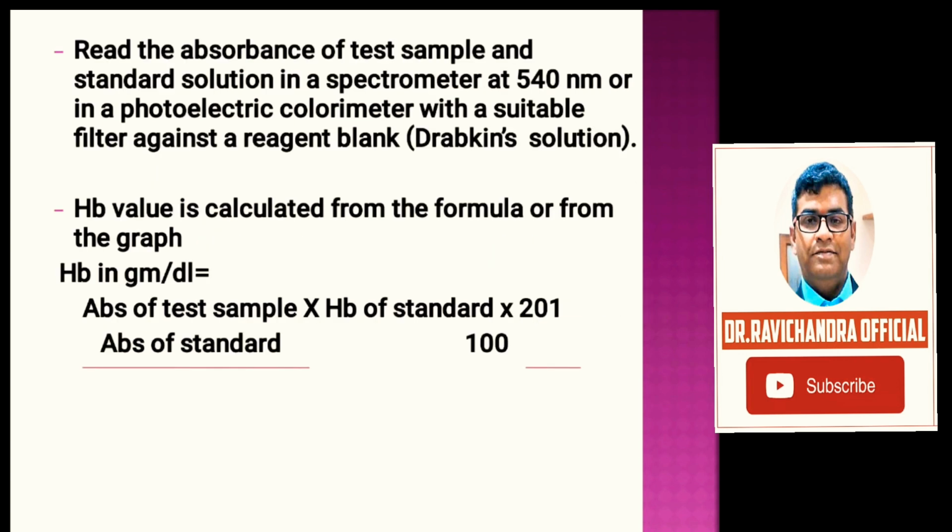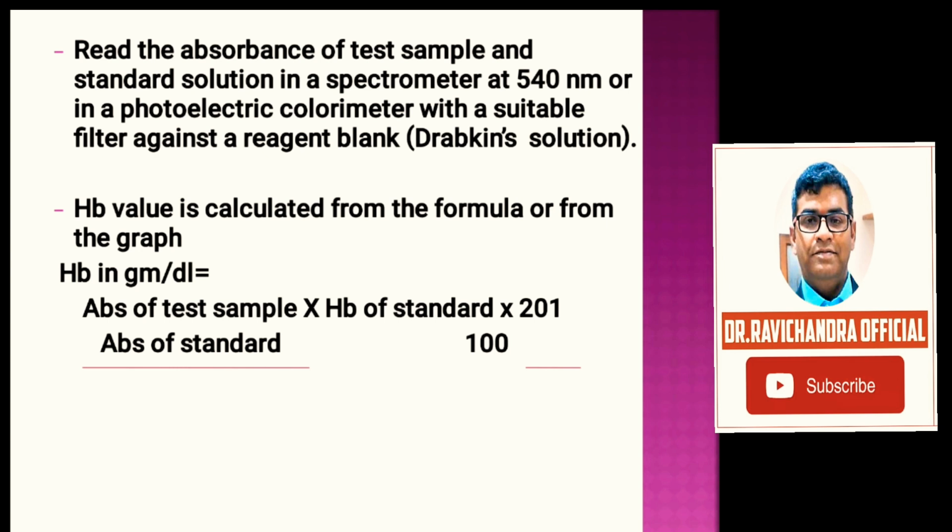Read the absorbance of the test sample and standard solution using a spectrophotometer with a yellow-green filter at 540 nanometers wavelength, against the reagent blank, that is Drabkin solution. Hemoglobin value is calculated from the formula or from the graph.